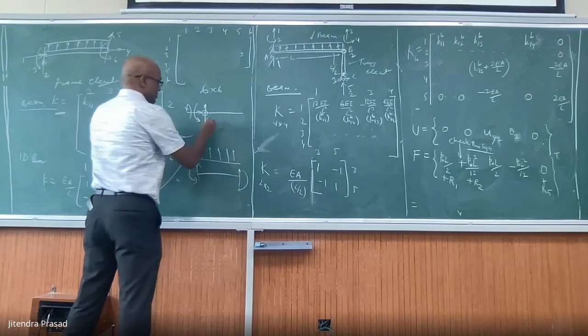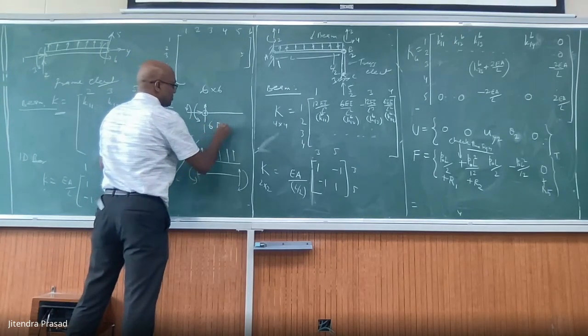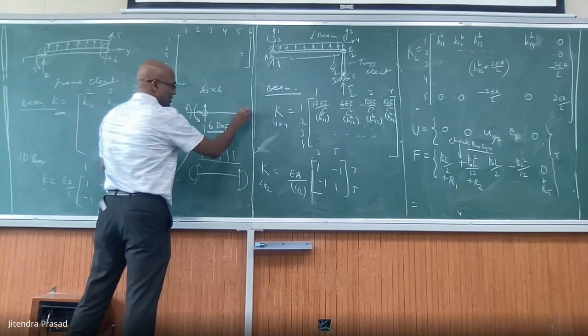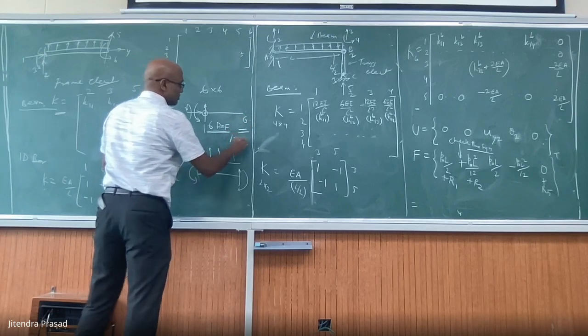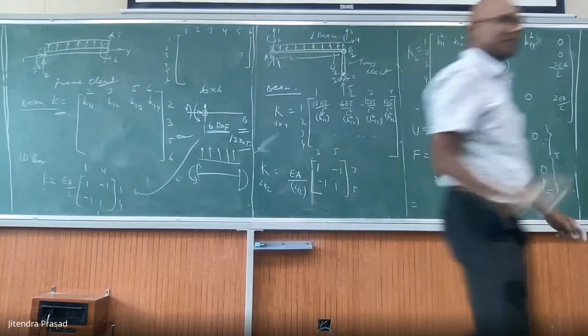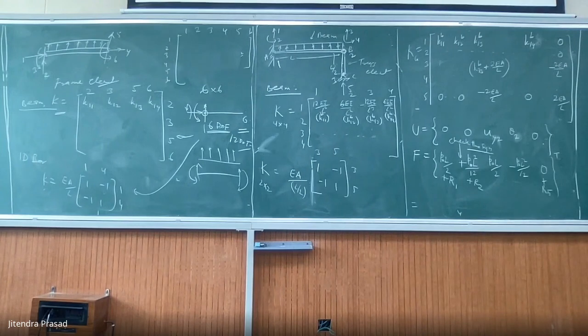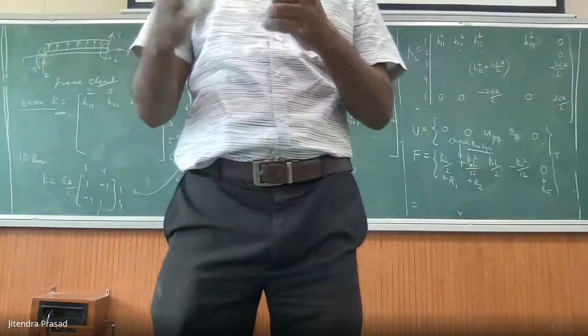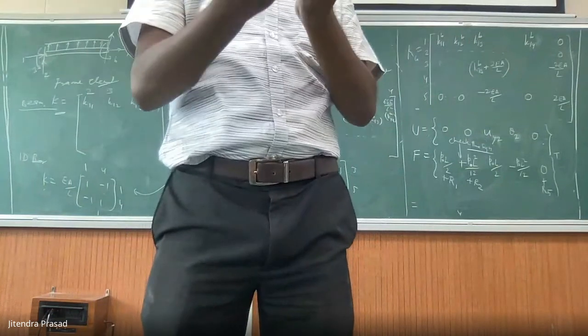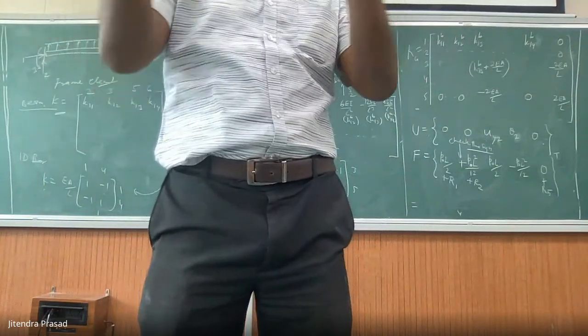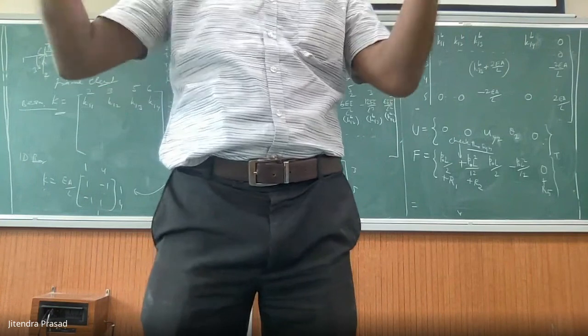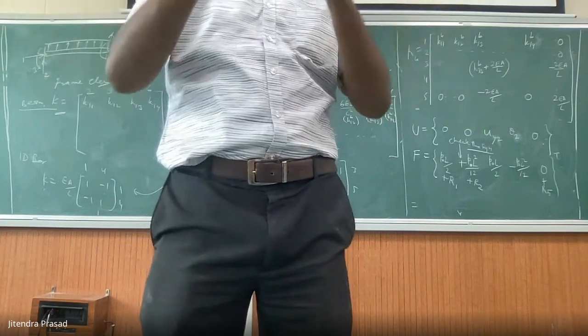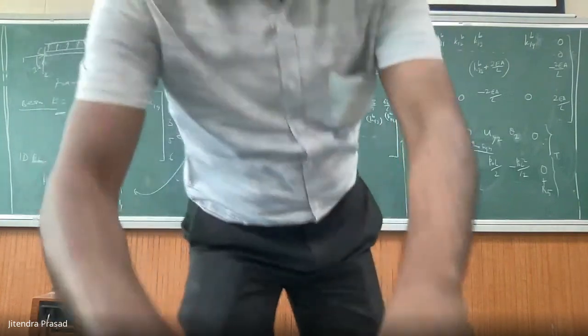So 6 degrees of freedom plus 6 here, total 12. So you get a 12 by 12 matrix. You don't have to derive them together. They are all independent: 2 beam elements, 1 truss element, and 1 torsion element. You combine them, and you are done.